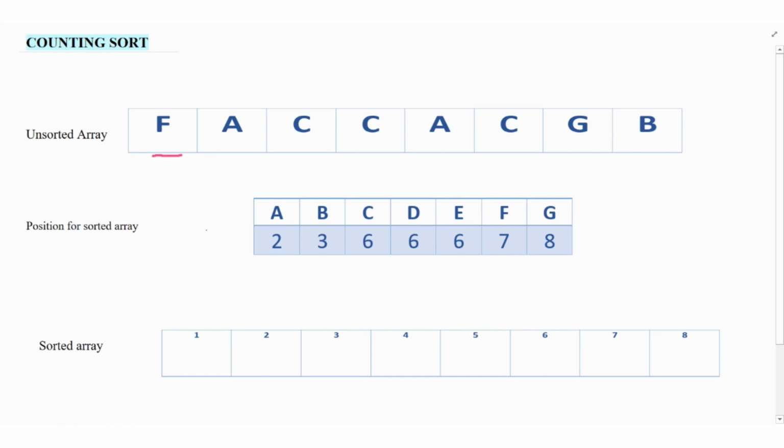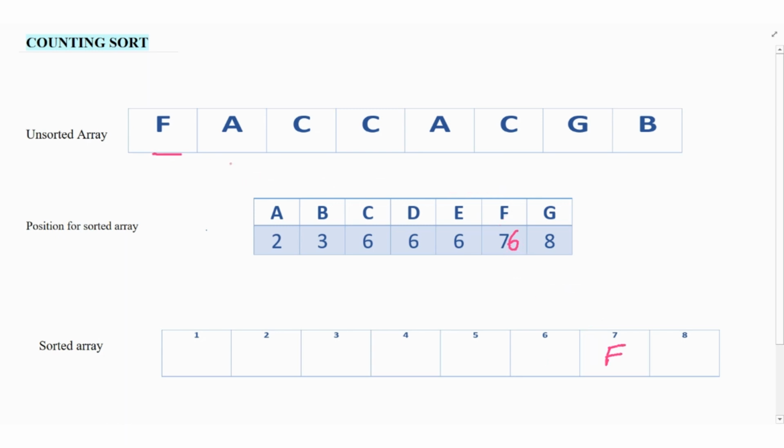The first element is F. We look for the sorted array position of F in this table, and that is 7. So we place F at position 7. Then we decrease 7 by 1 and we place a 6 here, since if we get any other F, we will place that F at position 6.